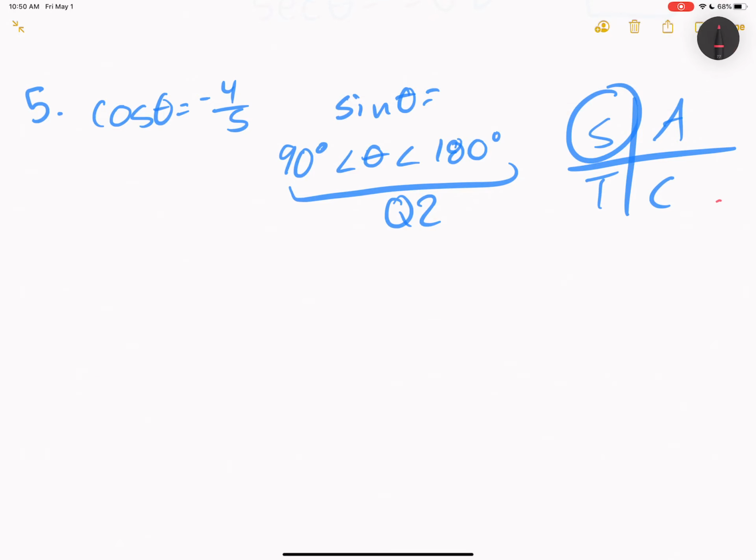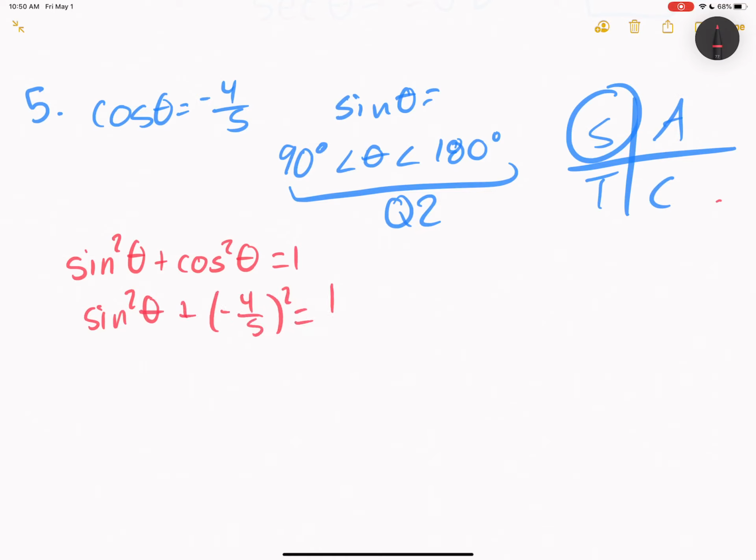The theorem that I'm going to use is sine squared plus cosine squared is equal to 1. It all really comes down to you guys memorizing your Pythagorean identities. As I plug stuff in, I get sine squared theta plus negative 4/5 squared is equal to 1. So I get sine squared theta plus 16 over 25 is equal to 1. The negative goes away because you're squaring it.